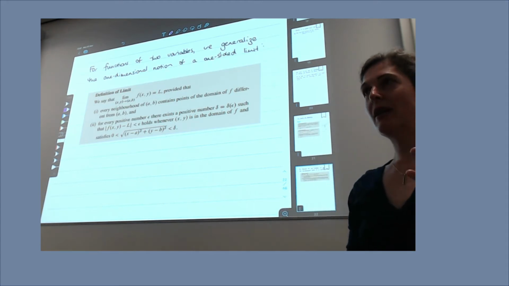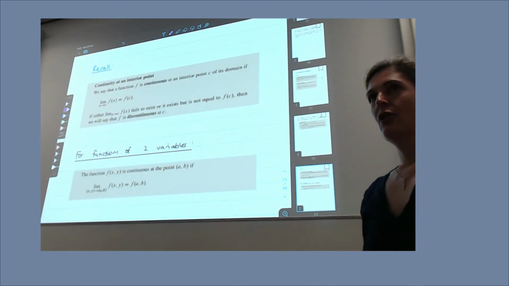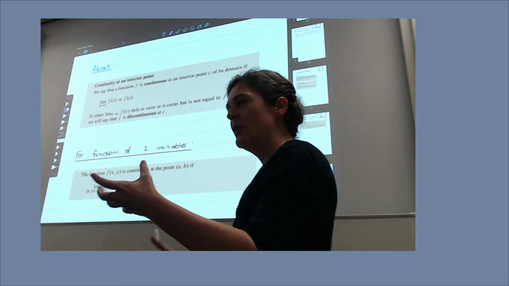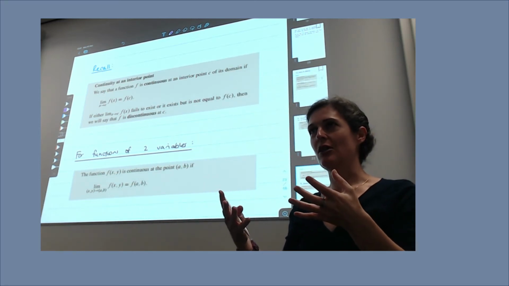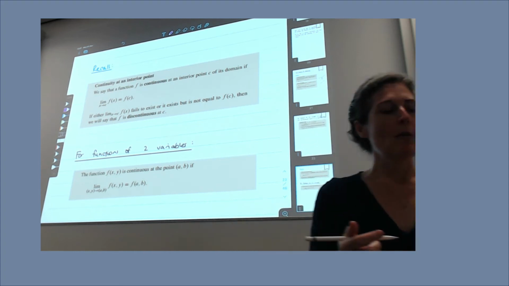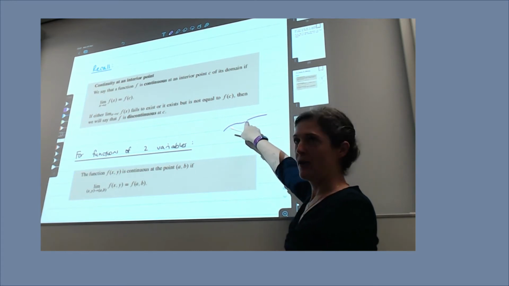Okay, why do we care about limits? Because limits enable us to talk about continuity. So the whole thing behind continuity says, if my function does what I think it should do, then it's continuous. So when we talk about a limit, as we've just said, we don't look at the actual point. We don't care about that point. We just say, I think, based on this information, that my function should go there.